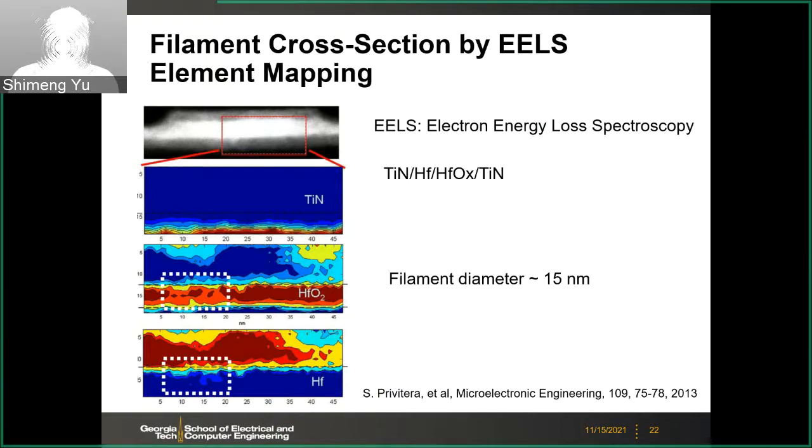And then we see that in the hafnium, you have more oxygen in the cathode layer. So this is evidence that oxygen transferred from the hafnium oxide to the cathode layer, hafnium in this case. And the diameter of this region is about 15 nanometers in this case. It's a localized change in the oxygen profile.